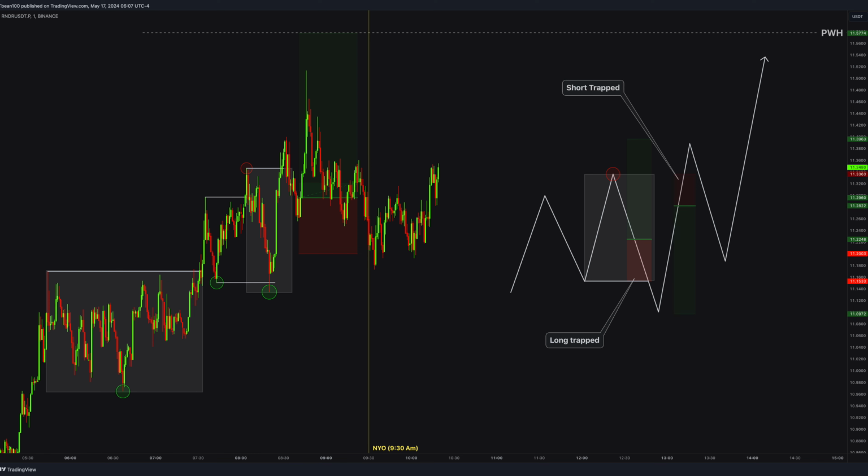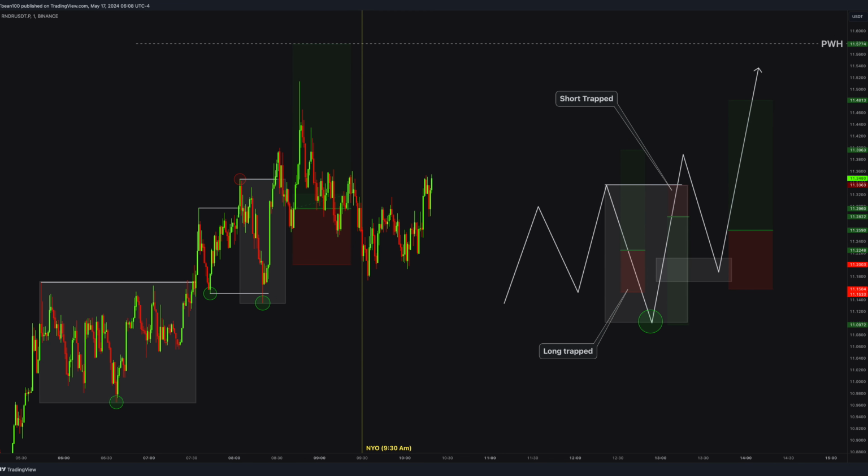You have trapped one more time. So, at this point, the market maker got all the liquidity ever needed from long and short traders. This is when we assume MM will move the market into a certain direction.